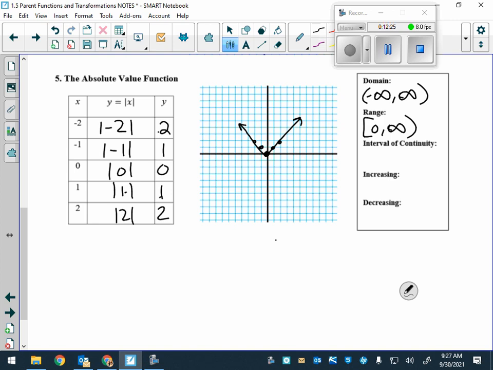Christian, what's my interval of continuity? Good. Where am I increasing? Catherine. Good. And where am I decreasing? Kate. Good. Awesome.